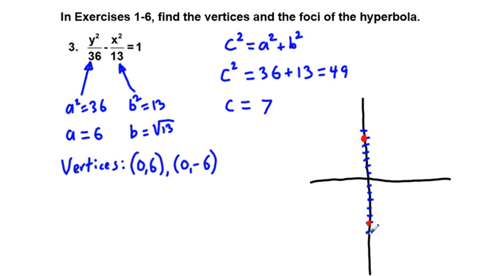And so I'm going to mark our foci right here, just on either side of the vertices. So for our foci, we have the points 0, 7, and also 0, negative 7.